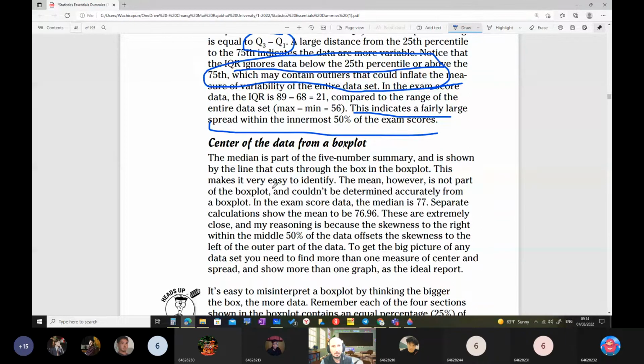The median in the 5-number summary is shown by the line that cuts through the box. Okay. So this is your median, the center of the data. Sometimes the center is in the center, sometimes it's moving, right?